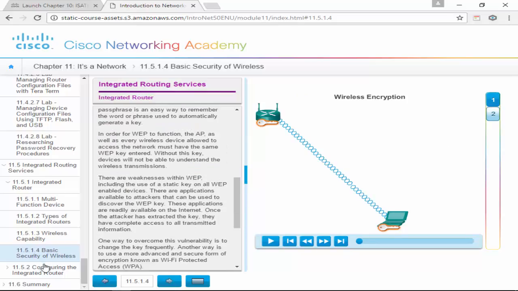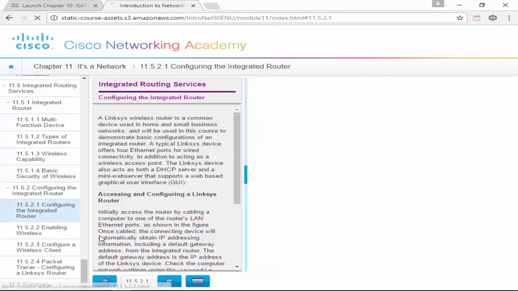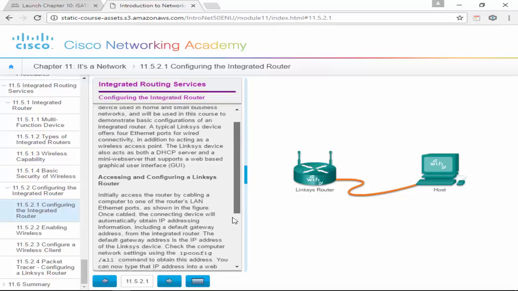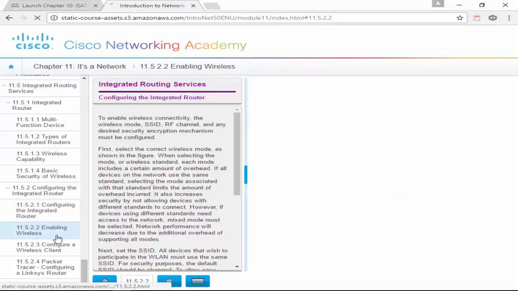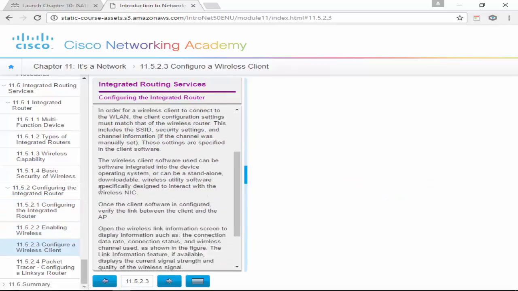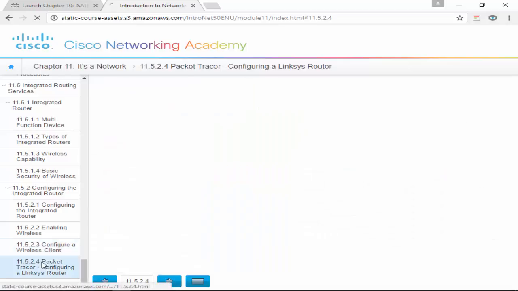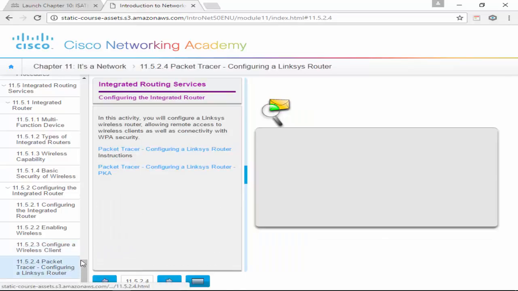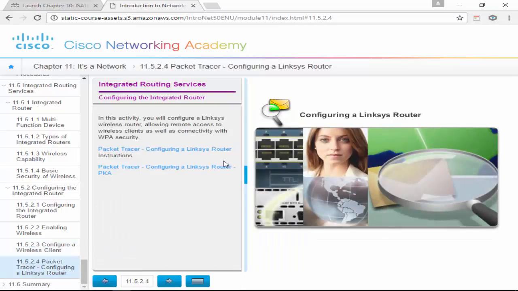All right, and that's that. If you guys don't have experience with a home device, such as when you're looking at configuring wireless from a home device, there's a Linksys router packet tracer.